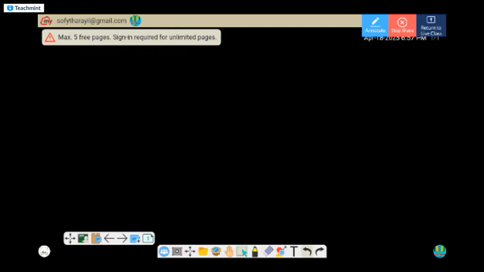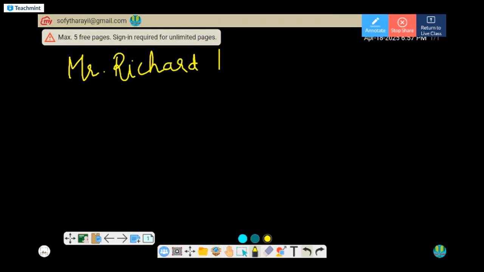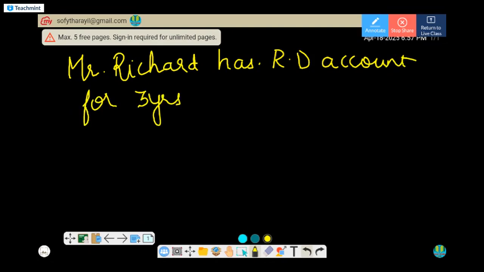Write it down. Mr. Richard has a recurring deposit account in a bank, and he has that for 3 years at 7.5% per annum simple interest.